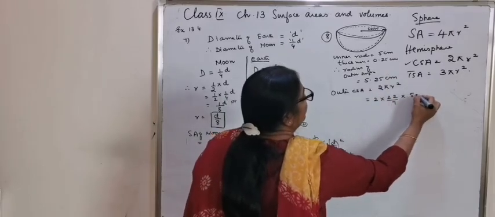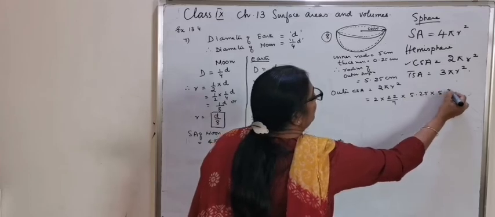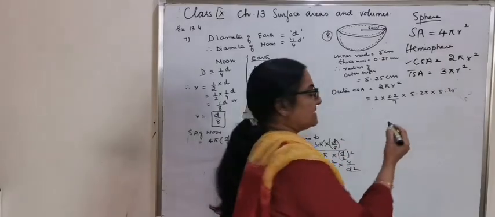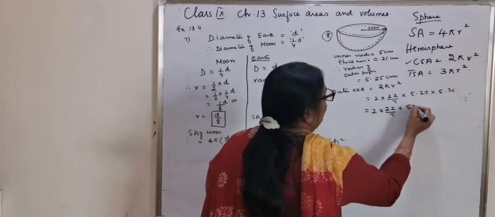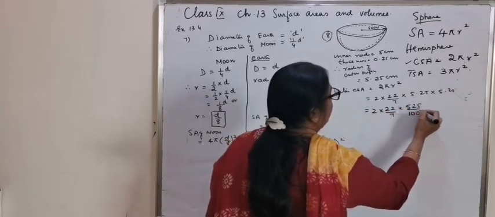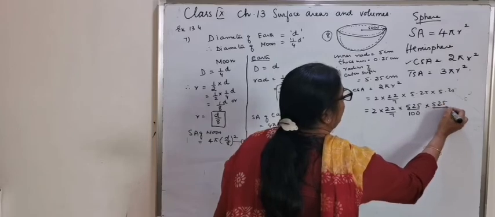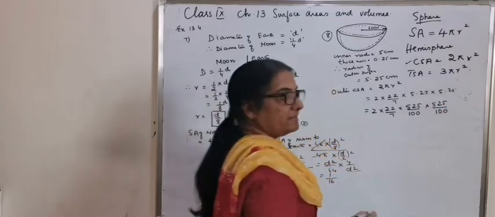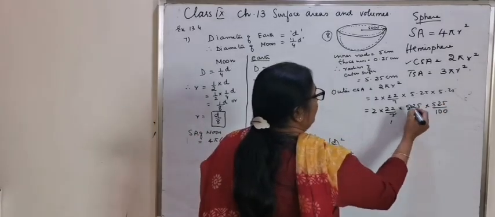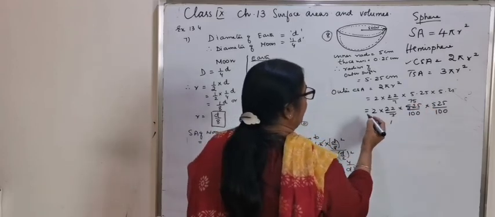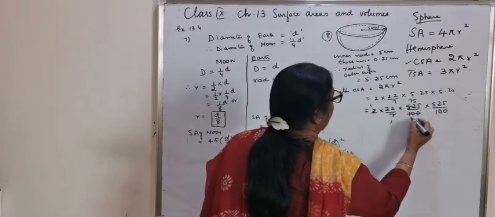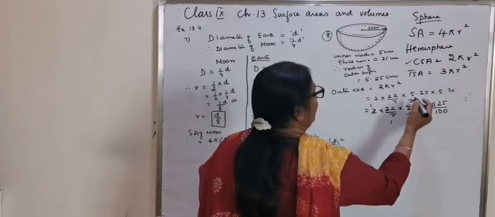22/7, 5.25 into 5.25, which is equal to 2 into 22/7, 525/100 into 525/100. 7 ones are 7, 7 sevens are 49, 35. It can be written as 2 ones are 2 and 50.